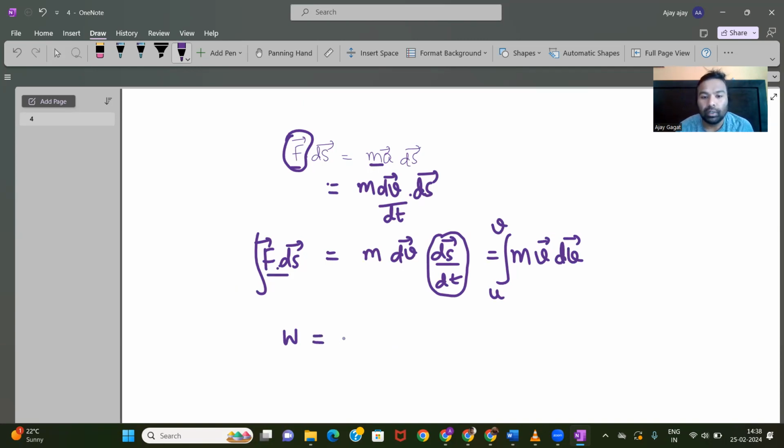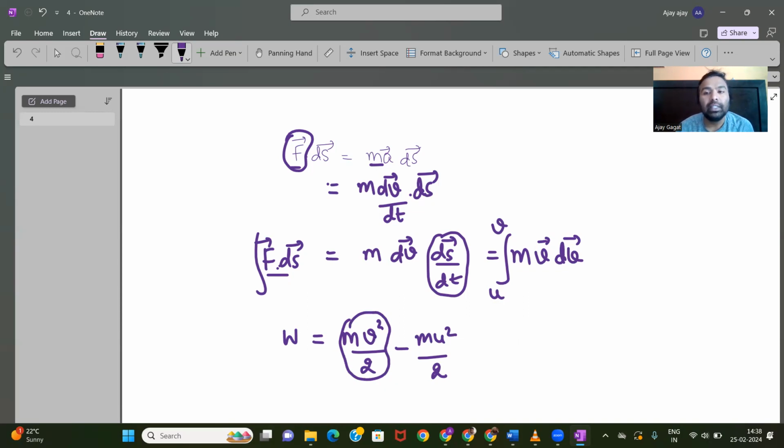The total work done comes out to be m v square by 2 minus m u square by 2. You can recall that this expression, half m v square, is called kinetic energy.